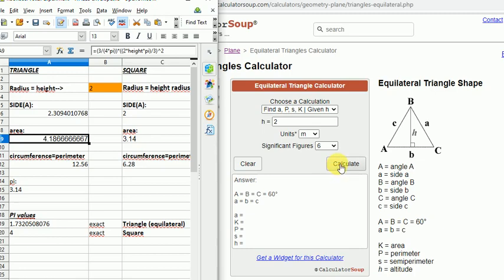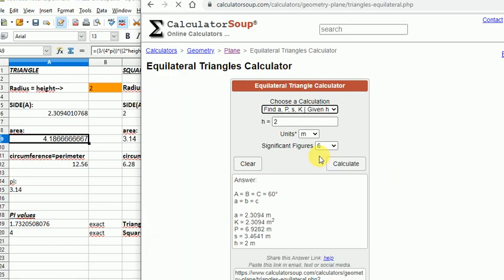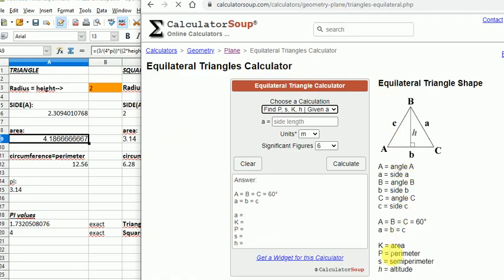If we calculate, what was the area again? K is the area, it should be 2.3, because if we go back to it, the area is K 2.3.